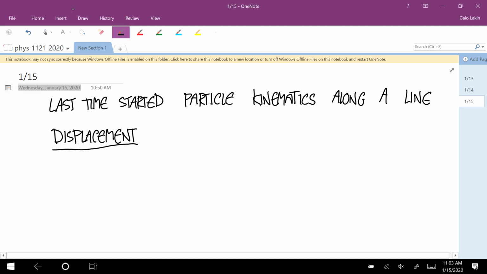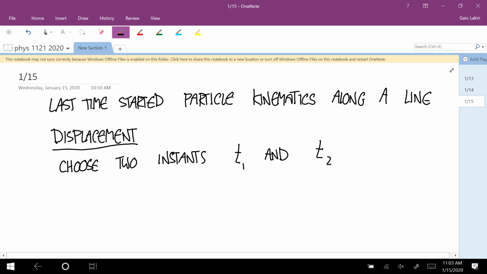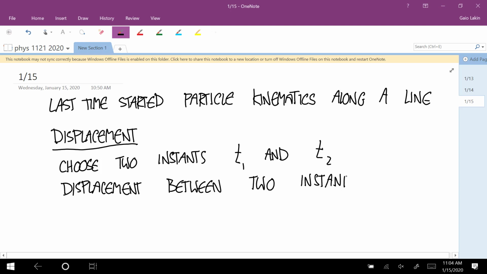If you choose two instants, T1 and T2, then the displacement between those two instants, and I'll call it lowercase d, is the position at the later time minus the position at the earlier time.